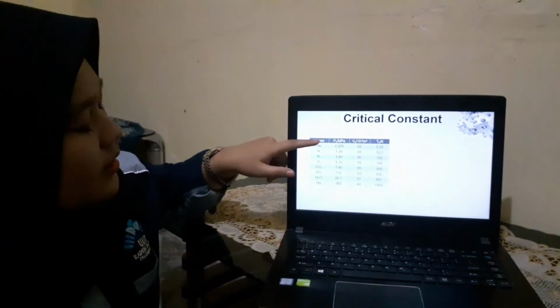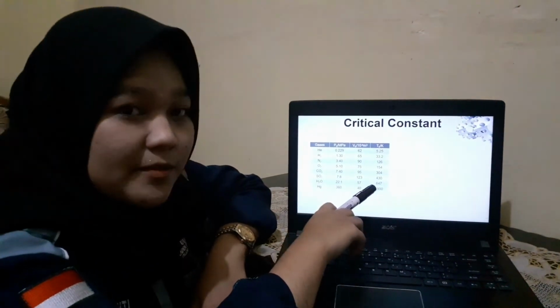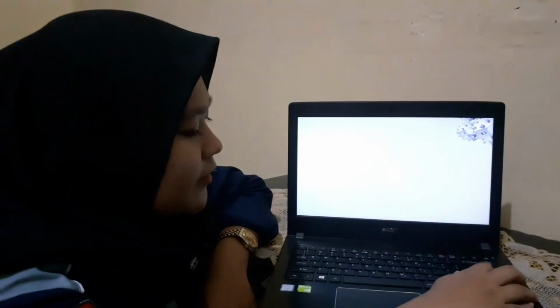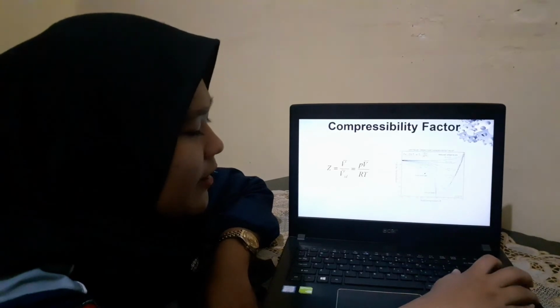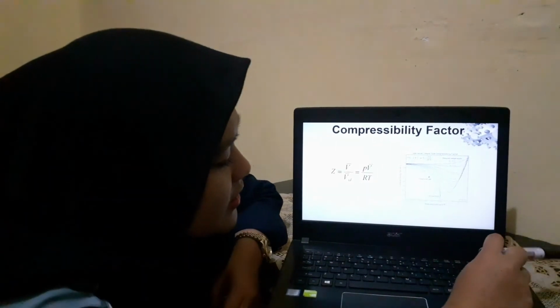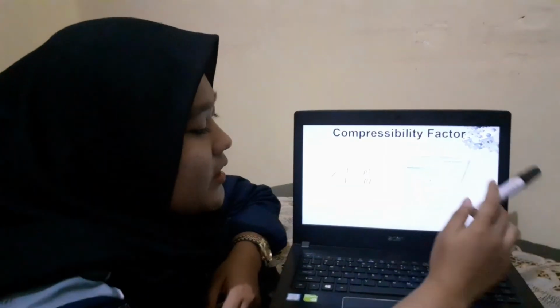This is data for the pressure, volume, and temperature. For the critical constants, like before, we have a graph, right? This is the graph of the critical constants.